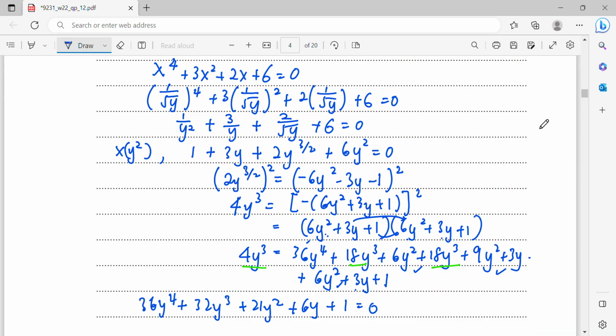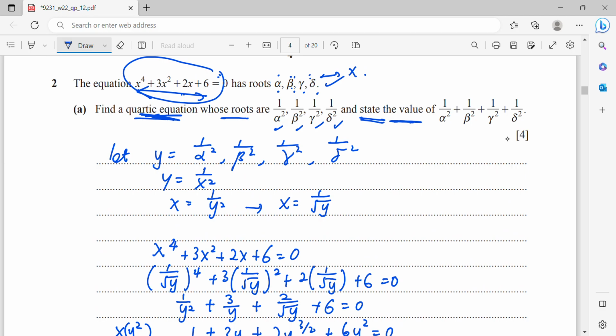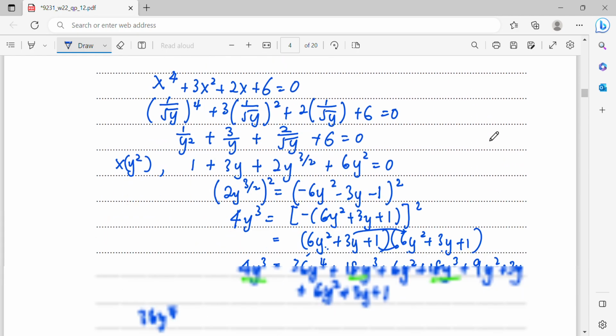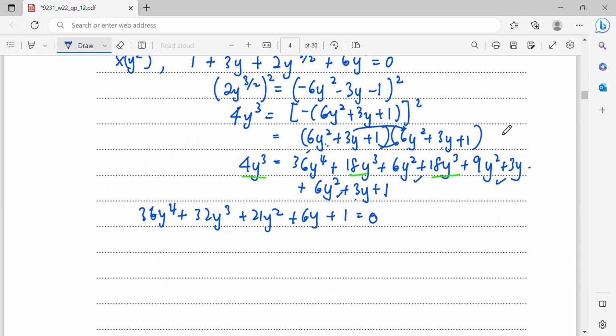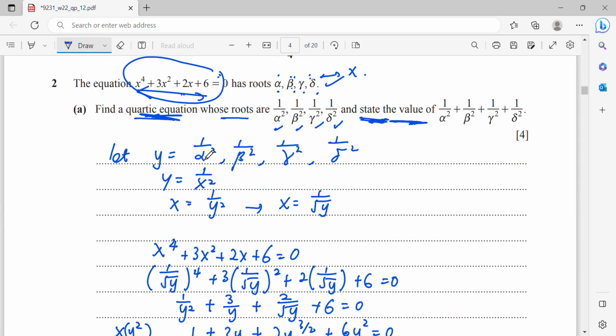Once you have found the quartic equation, don't forget to state the value of the summation. This value, 1 over alpha squared plus 1 over beta squared plus 1 over gamma squared plus 1 over delta squared, is basically the summation of the roots, because now your roots become 1 over alpha squared and so on.